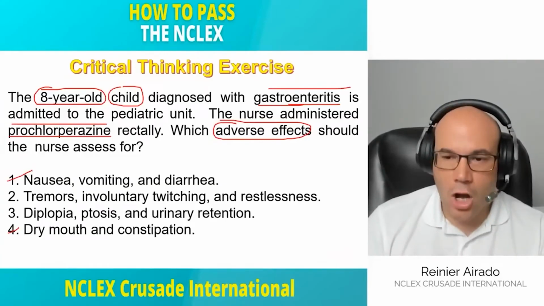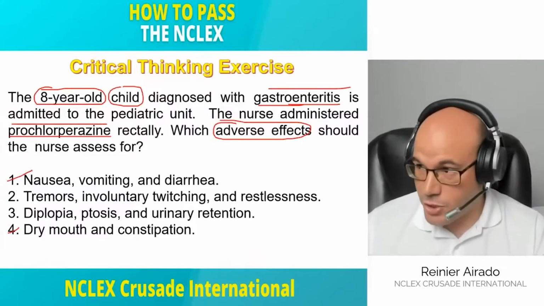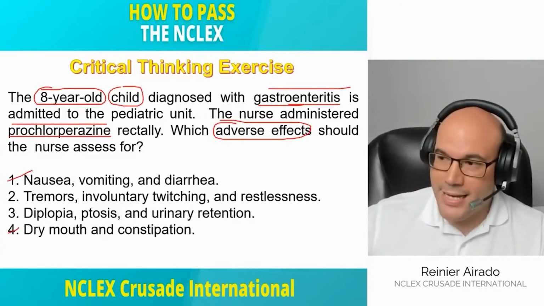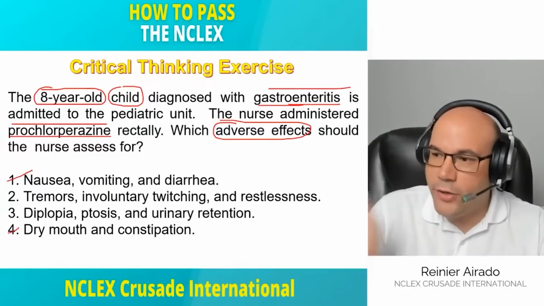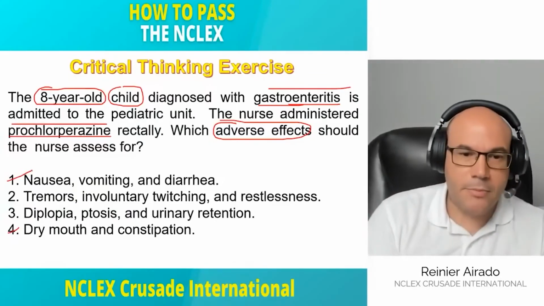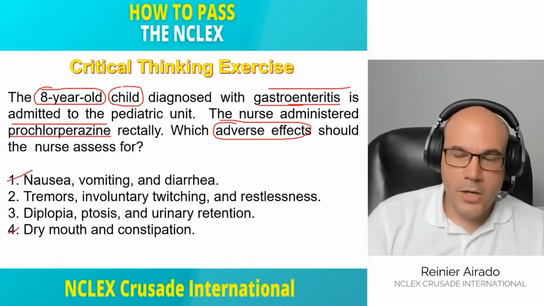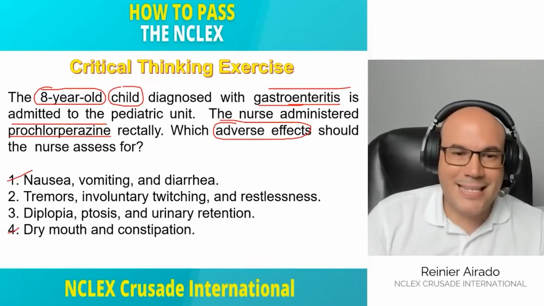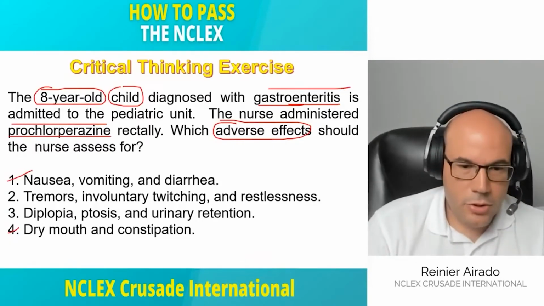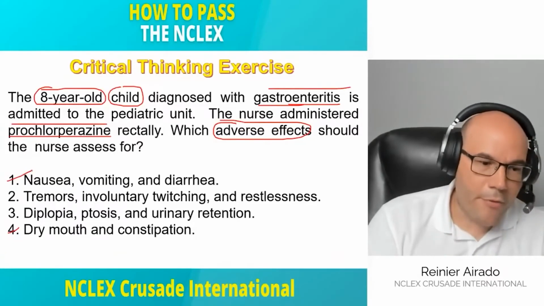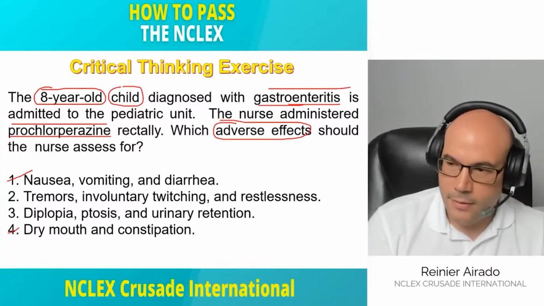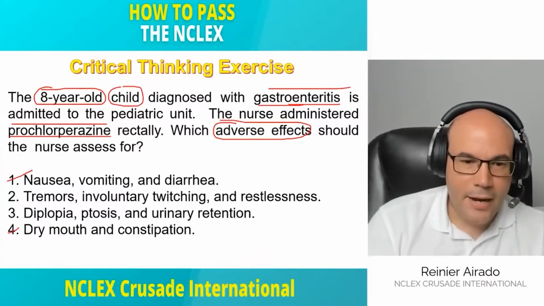So how come I'm going to give a medication to treat the symptoms of gastroenteritis and it's going to give me the same symptoms that I am treating? So answer number one is the reason to give this medication, compazine or prochlorperazine. Nausea, vomiting, and diarrhea.